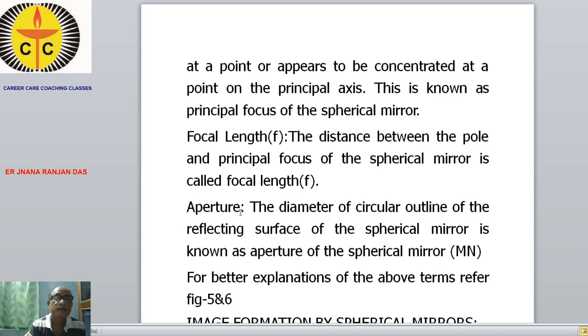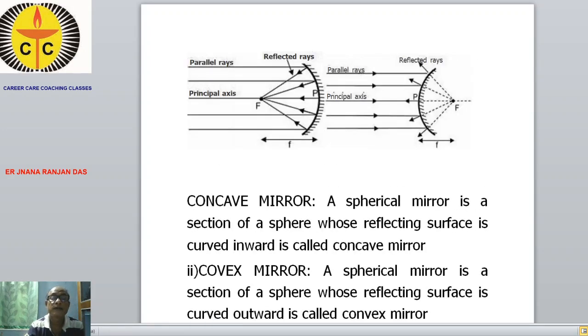Remember another term that is called aperture. The diameter of the circular outline of the reflecting surface of a spherical mirror is known as the aperture of the spherical mirror. See the figure.